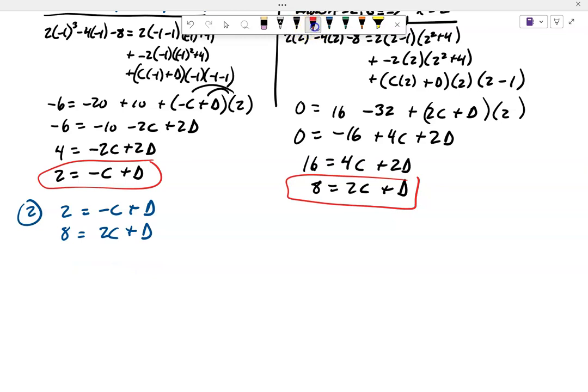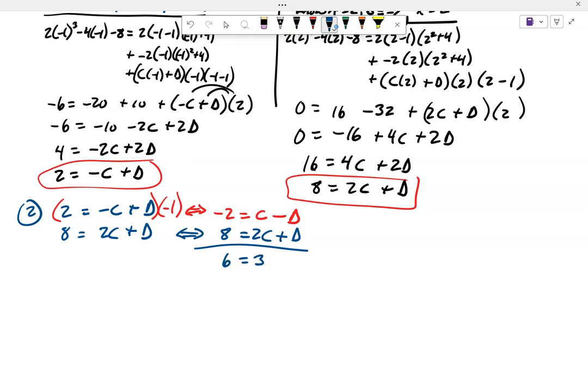So I'm going to multiply this top one by -1. And that would be -2 equals C minus D. This bottom one stays the same. So again, I'm using linear combination or elimination approach, right? So I got 6 equals 3C. -D plus D is gone.